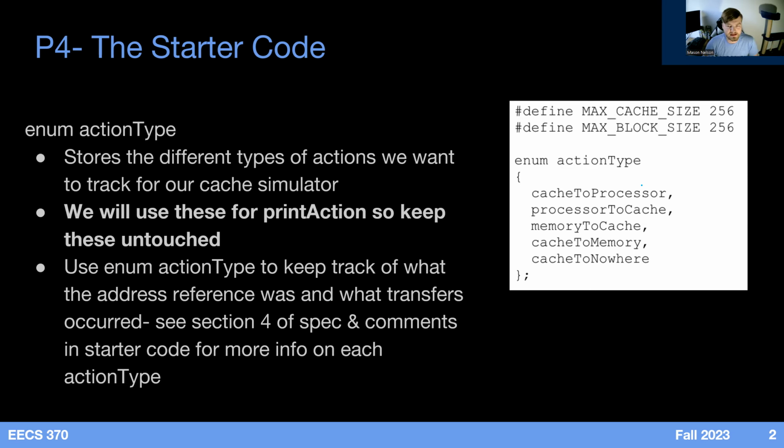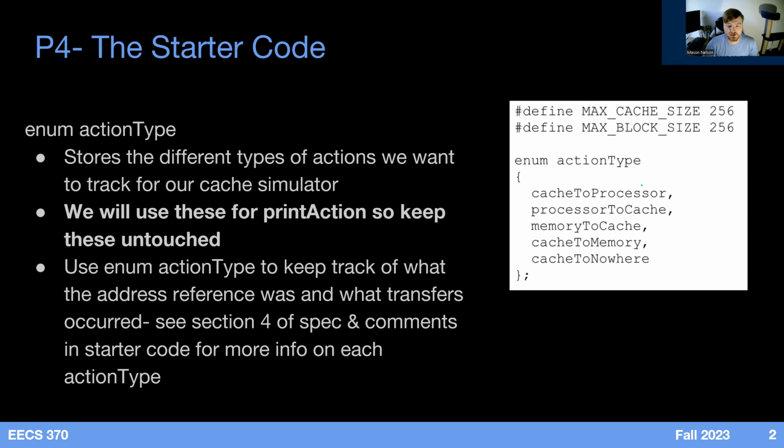So speaking of the messages that we'll track, all the output in this project is going to be based on what we call these print actions. And so you have 5 possible print actions for a writeback, allocate on store cache. And so we'll have a cache to processor. That is where you get a hit of some sort in the cache and you transfer the data to the processor upon a load.